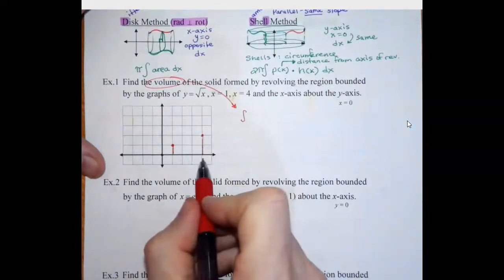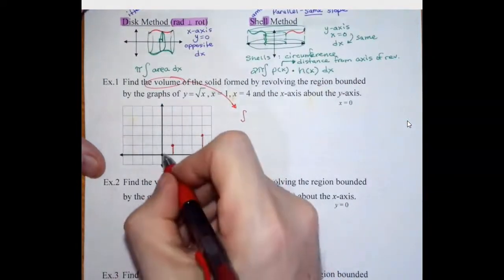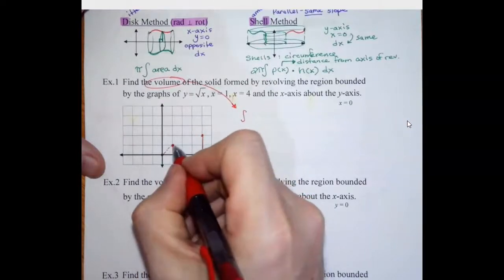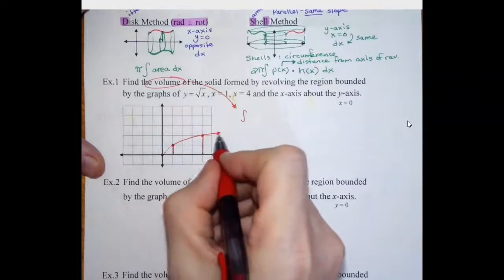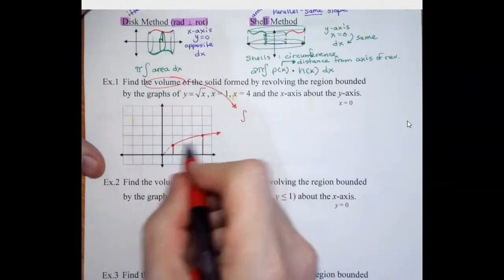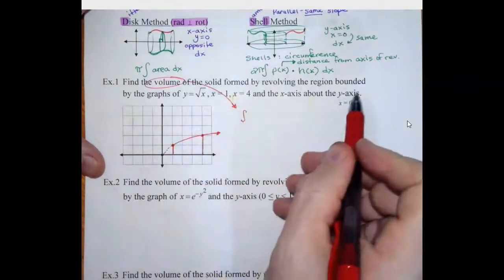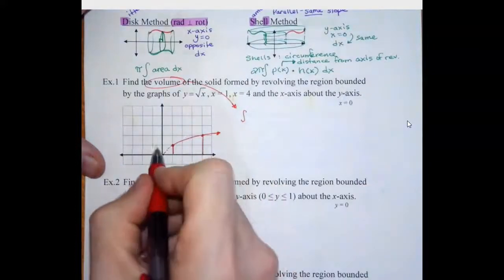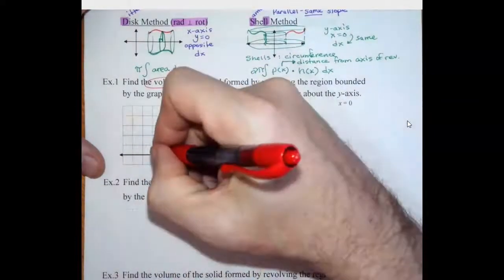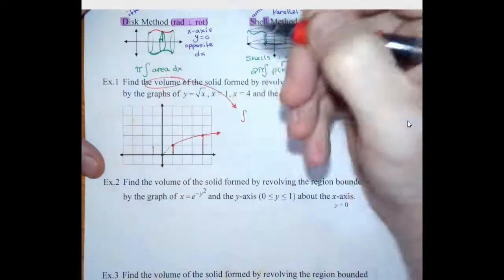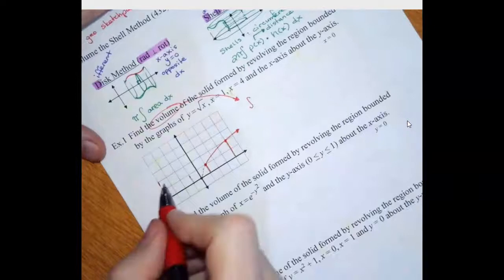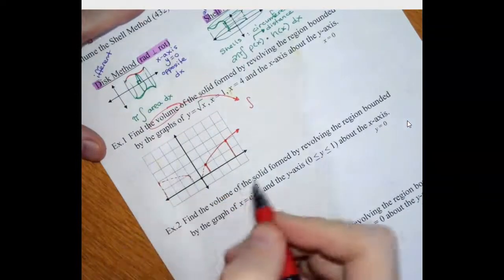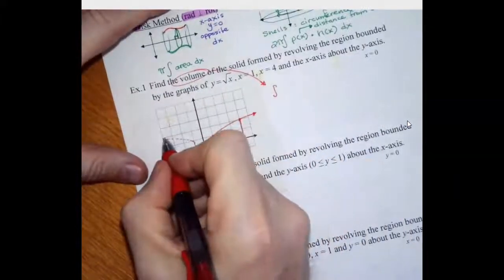and the x-axis. Okay, so the graph would kind of go like that. I guess I should have put this part dotted over here as well. Okay, so that's what we're doing, and we're revolving that around the y-axis, so we're going to bring that around here, and then we would have this same thing here.